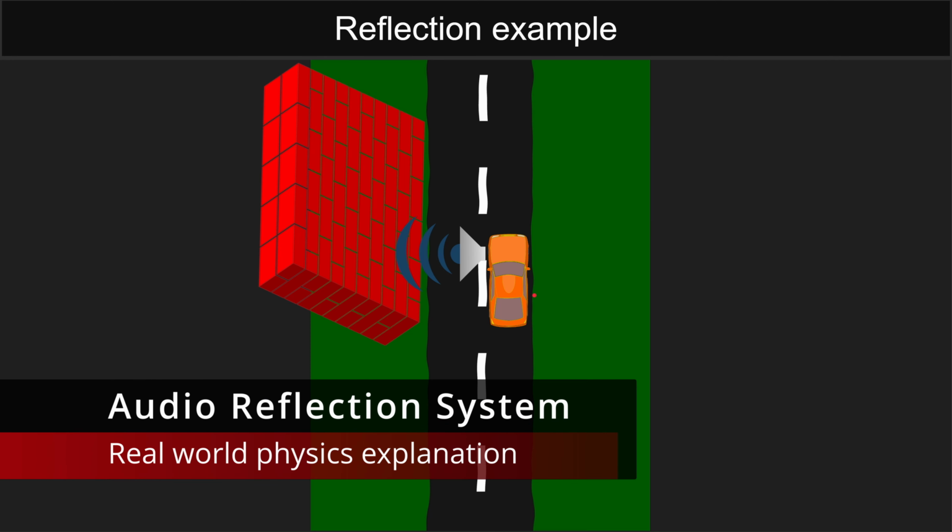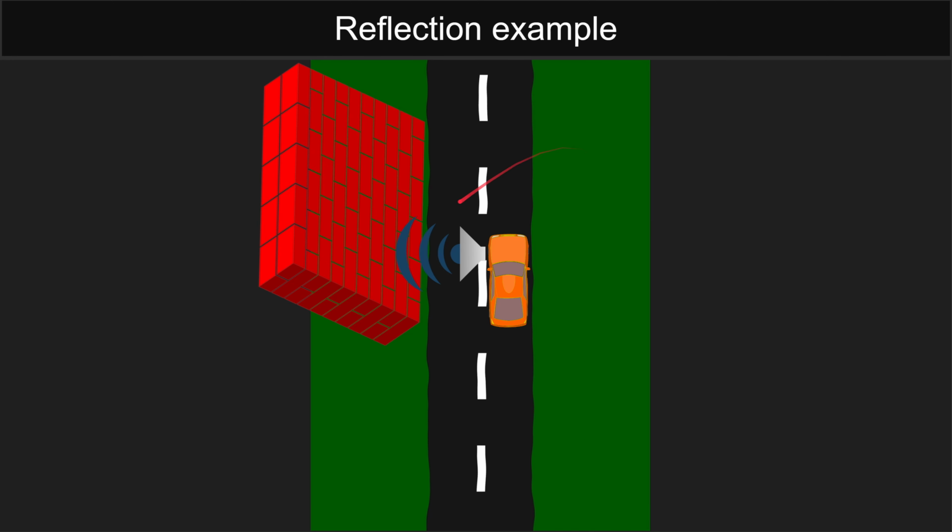I just want to take a quick moment here to go through the actual physics of what's happening. So you can see here I have this very simple graphic which is going to allow me to illustrate what is essentially happening and what we are going to be trying to imitate inside of Unreal Engine.